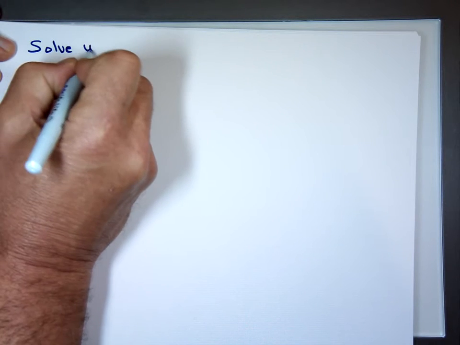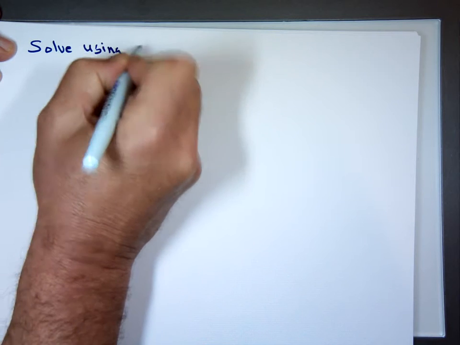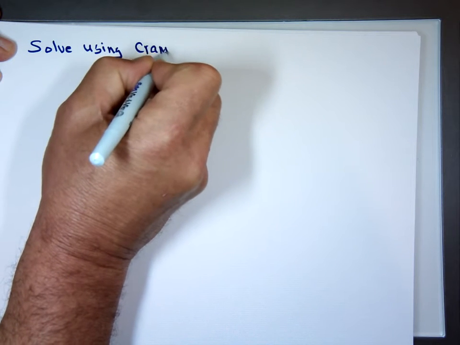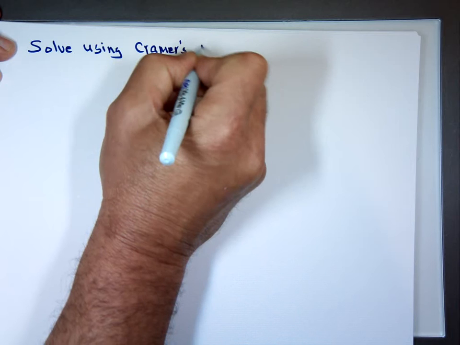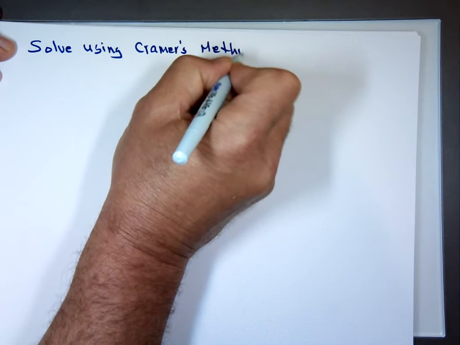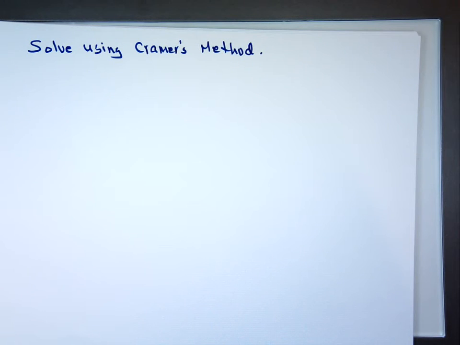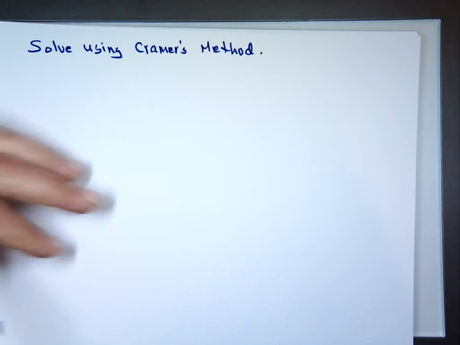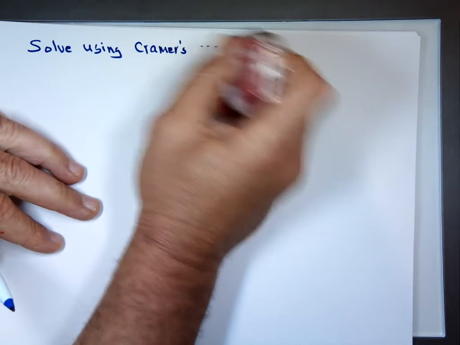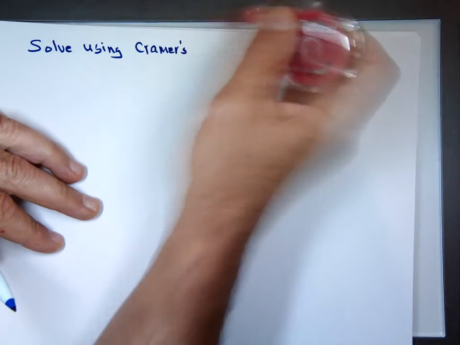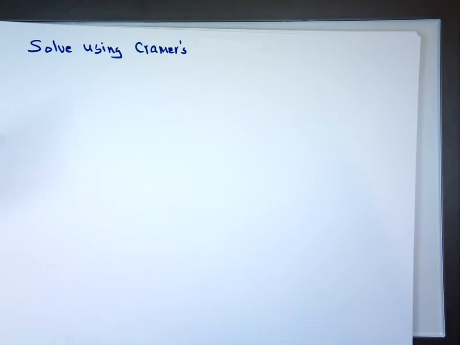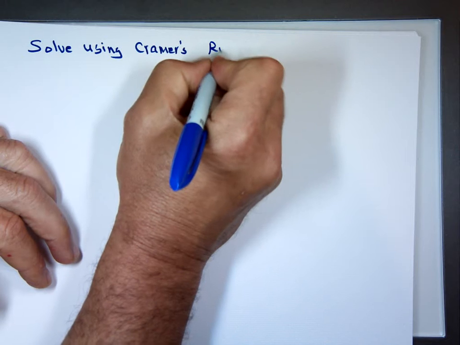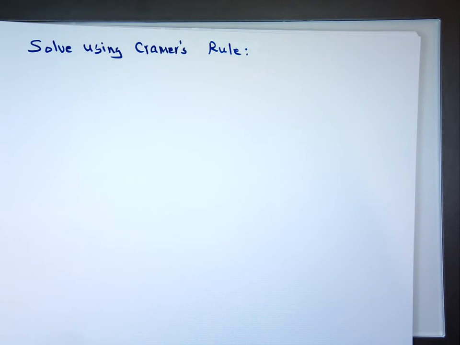Solve using Cramer's method, or Cramer's rule. Method, rule, whatever you want to call it. It's always called Cramer's rule. I don't know why it's not a method. Maybe he was just a ruler. There we go.